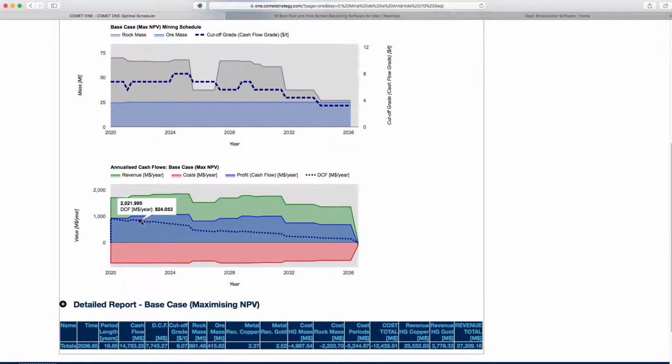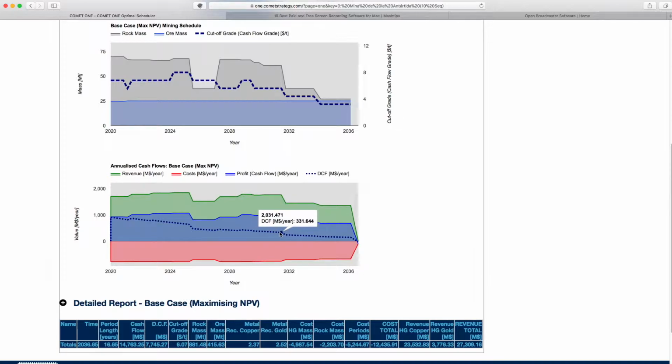That equates to a discounted cash flow, which is the final series on this chart, of $824 million a year. This shows the time value of money. If you go along to another period a little bit later, it's still about $1 billion a year, but the discounted cash flow is only $350 million a year. So it shows that time effect on the cash flows.